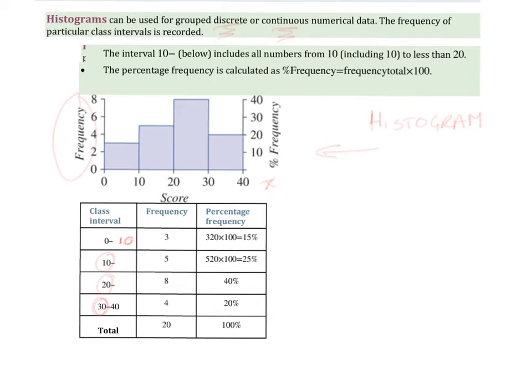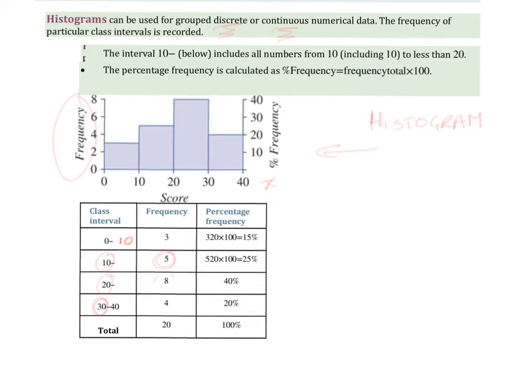So what do we have in this case? Our frequency is 3 for a class interval between 0 and 10, which means we have 3 values between 0 and 10. The next one, 5, means that we have 5 values between 10 and 20, but not including 20.